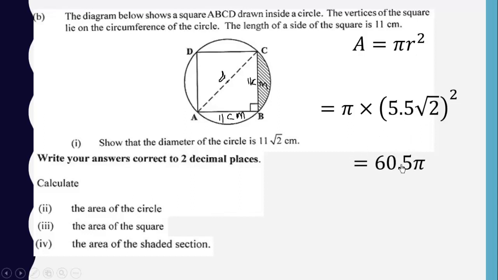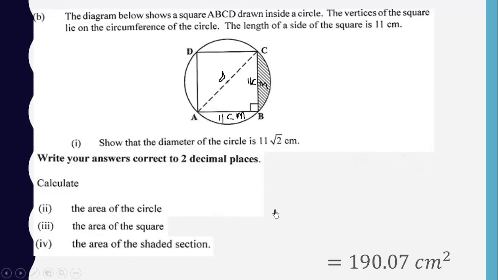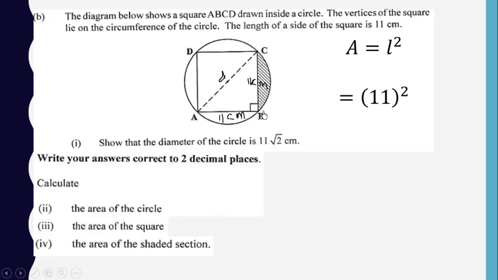Now we simplify this to get 190.066, then to 2 decimal places we have 190.07 centimeters squared. So that is the area of the circle. Now the area of the square, we know area is given by length squared. So the length is 11 centimeters, so this will give us 121 centimeters squared.